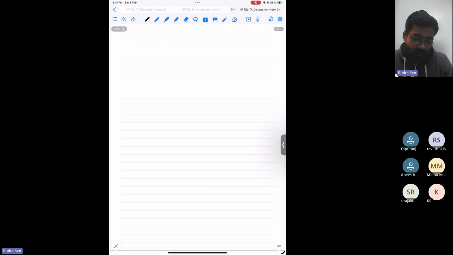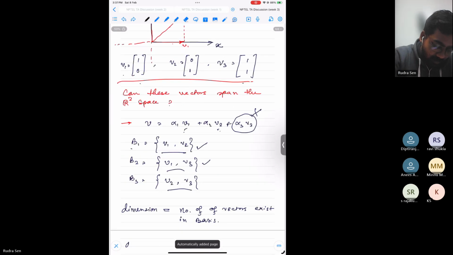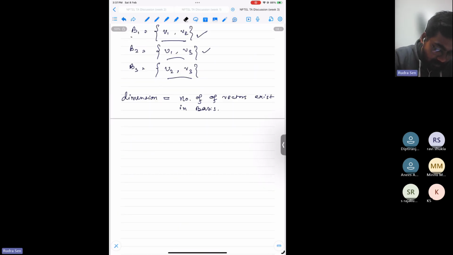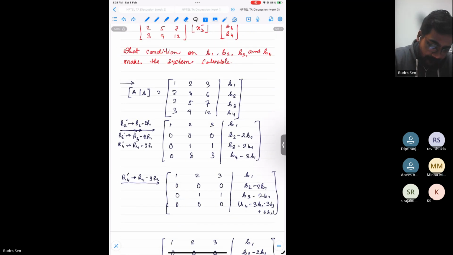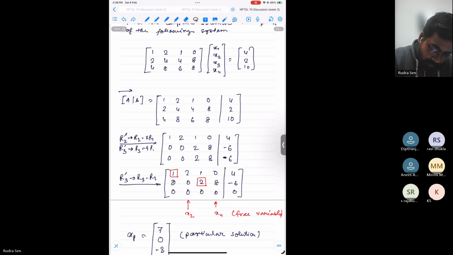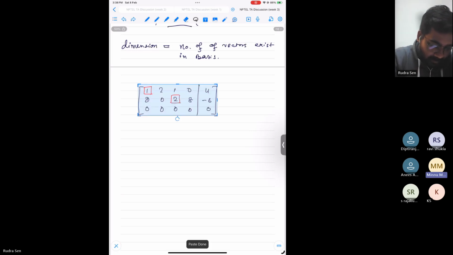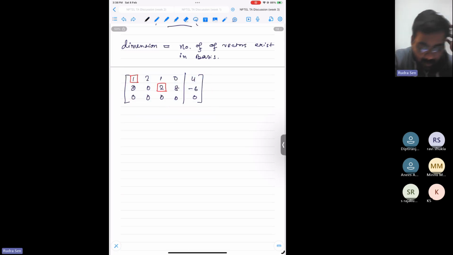When we talk about the dimension of the column space, for the particular system, this was the picture.